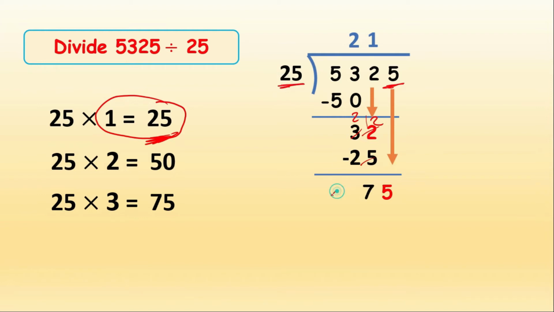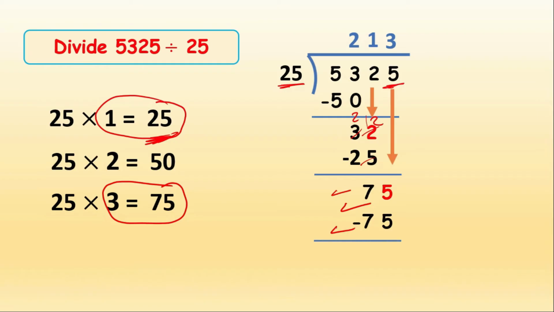So search for 75 in the products. 75 is with the 3, up and down: 75 down and 3 up. And subtract: 75 minus 75 equals 0. Okay, so the quotient is 213.